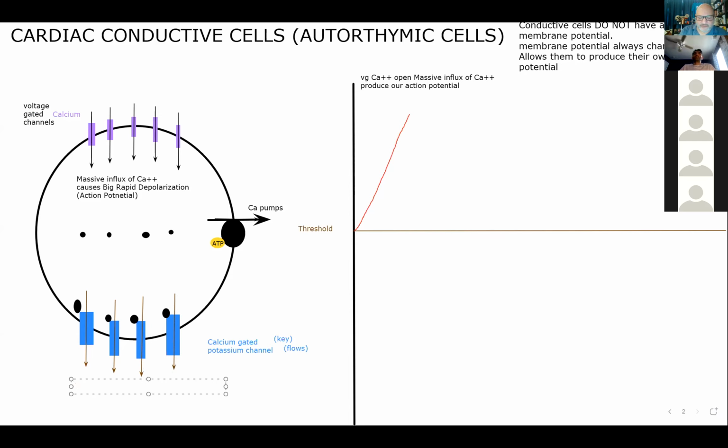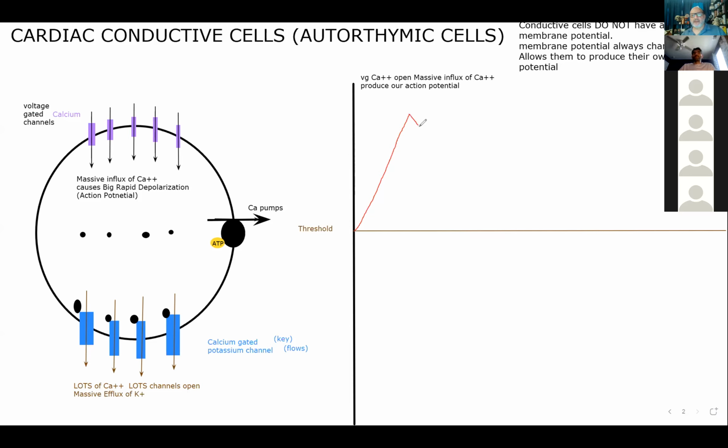There's lots of calcium, so lots of channels open, and we get a massive efflux of potassium. And if a massive amount of potassium leaves the cell, what happens to the cell?